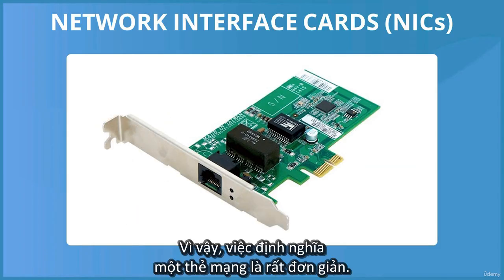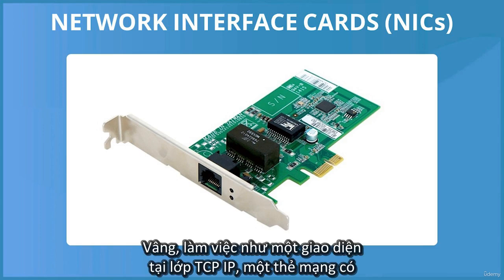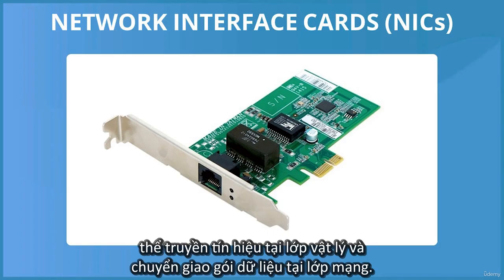So defining a NIC is very simple, but what does a network interface card do, and what is the true function? Well, working as an interface at the TCP/IP layer, a NIC can transmit signals at the physical layer and deliver data packets at the network layer.